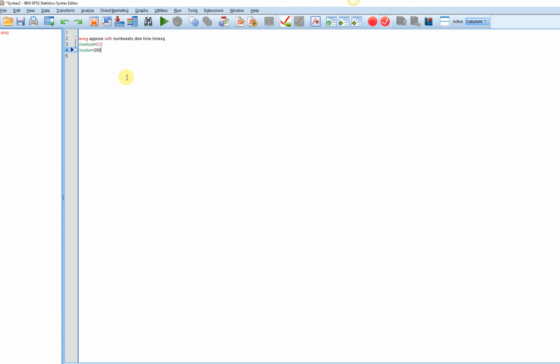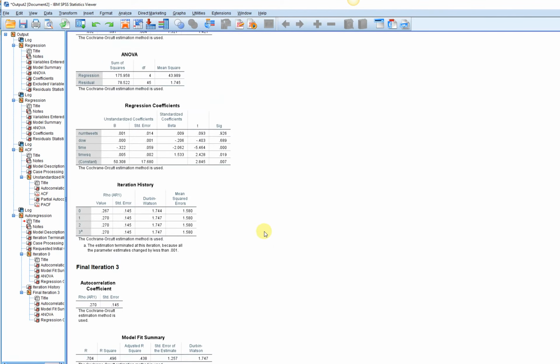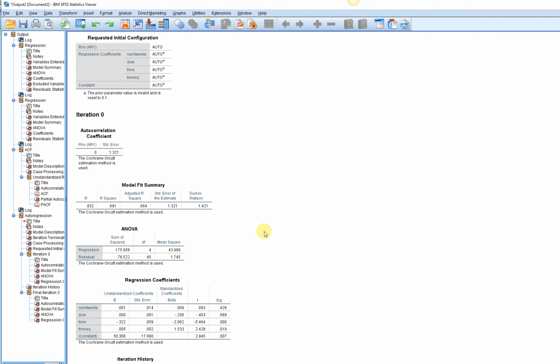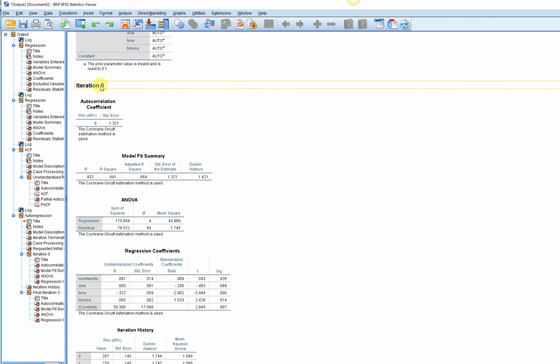Now I will highlight all of this and press the green button, and now you can see I've got my information. Iteration 1 is essentially the previous least squares regression. You can see there's the R-square value and the Durbin Watson, which was exactly what we had previously.